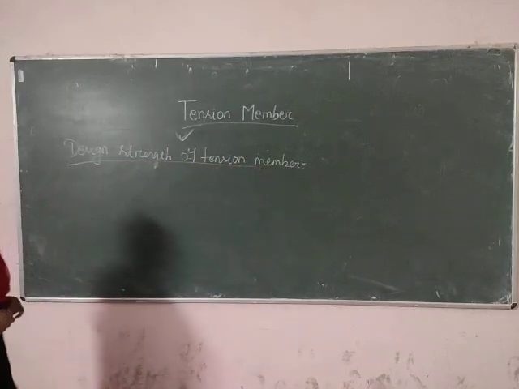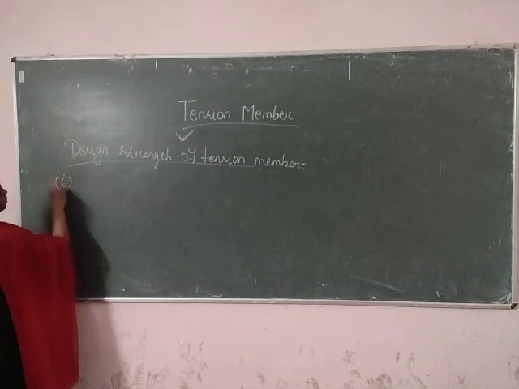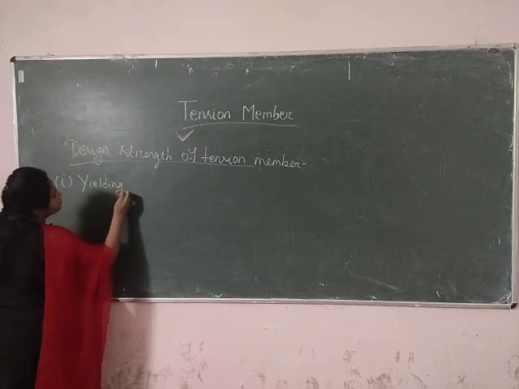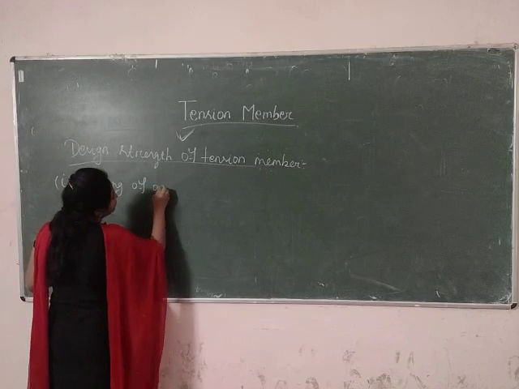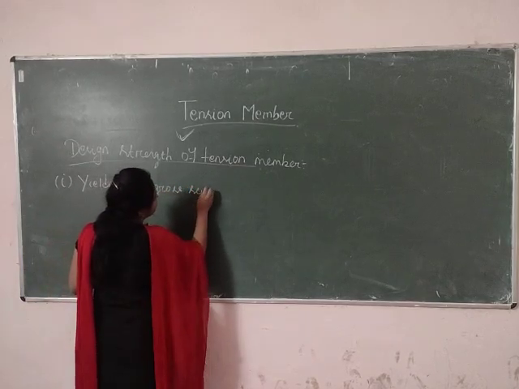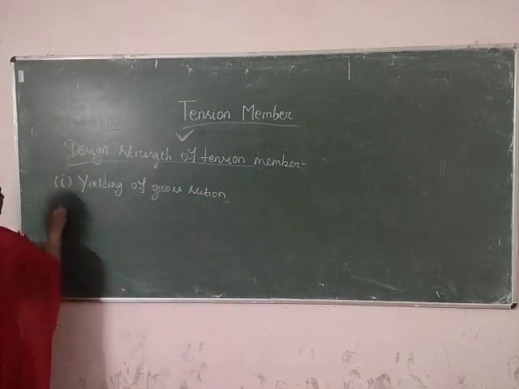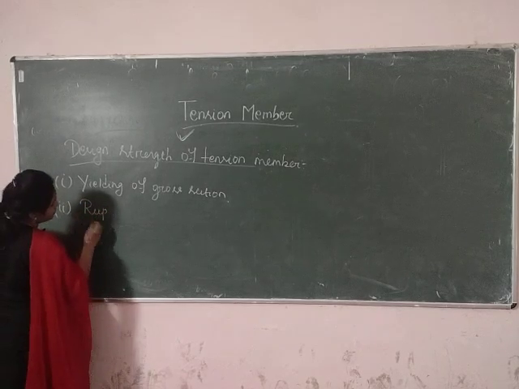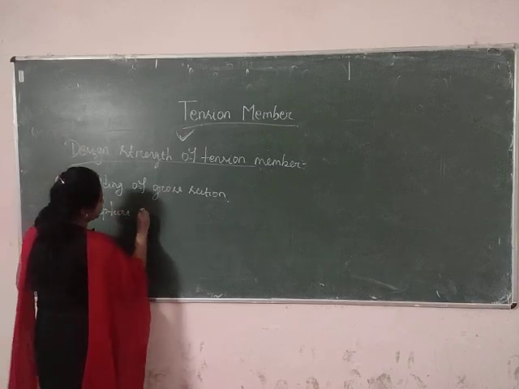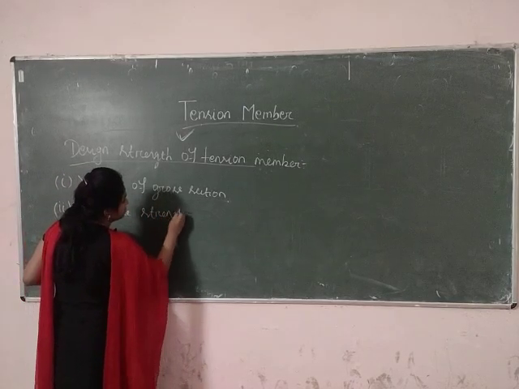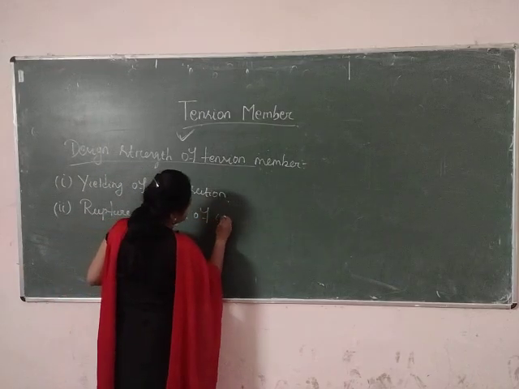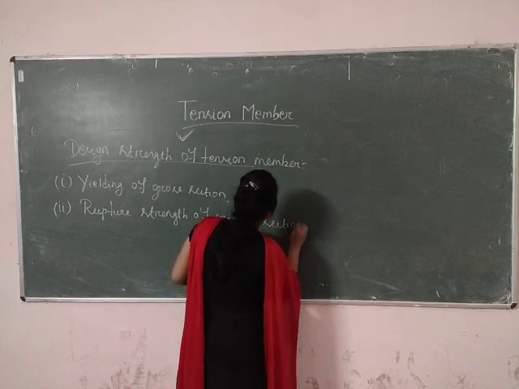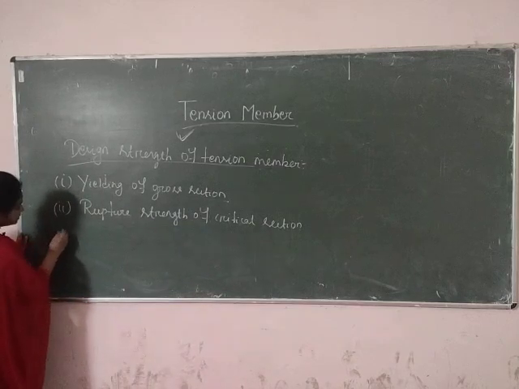The design strength of a tension member depends upon, first, yielding of cross section; second, rupture of critical section or rupture strength of critical section; and third, block shear strength.